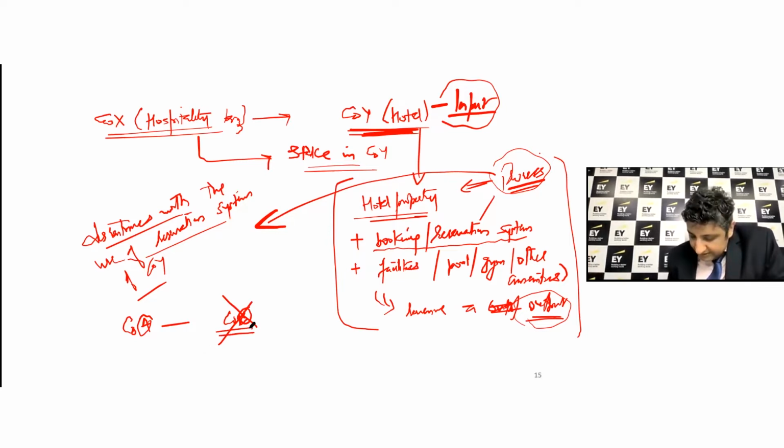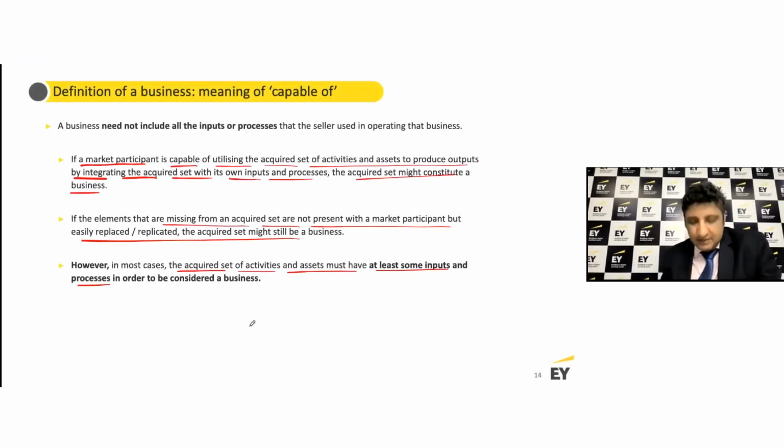Even then, we are saying it's a business combination. Whether the acquirer is interested in using those facilities or the processes or the operations is not exactly a relevant question here. What is important is that there has to be at least some inputs and processes for that other entity to be referred to as a business, and accordingly the accounting under business combination would apply.